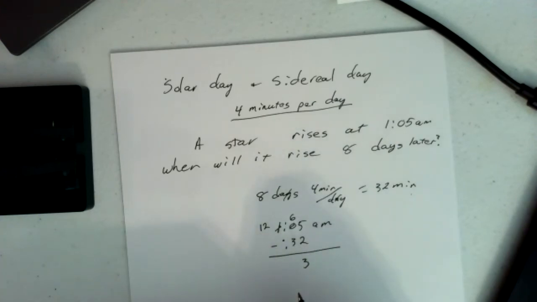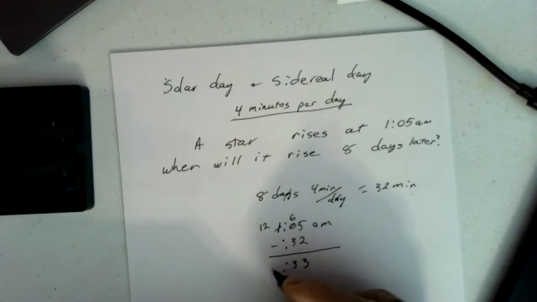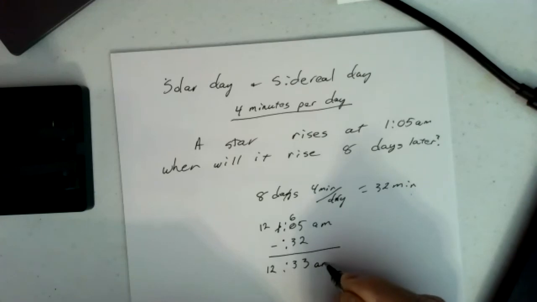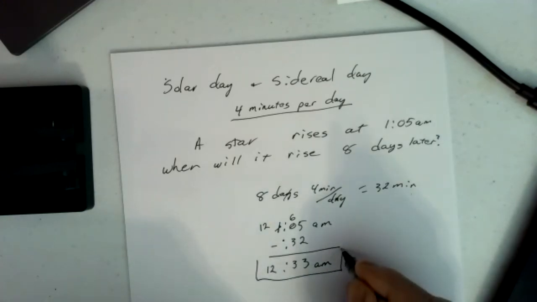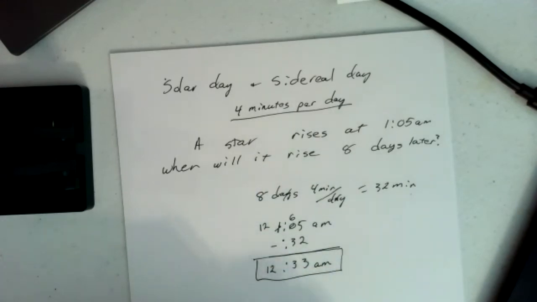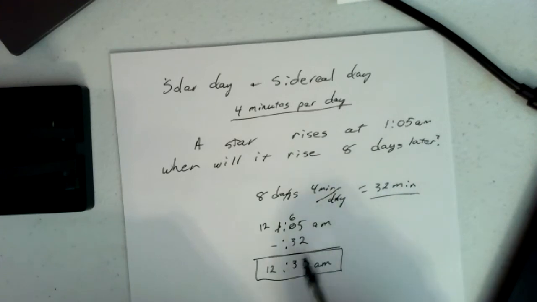Because we have a weird base 60 time thing. So 6 minus 3 is 3, and it actually is at 12:33 a.m. when it rises. So that is the answer. So the easy part is just multiplying by 4 to get how much earlier. The tricky part is subtracting and getting the time right.